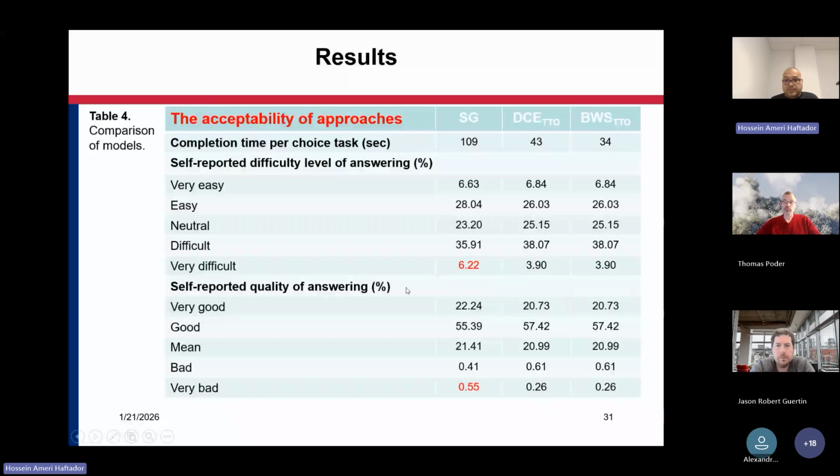Very difficult is 6%. For others it is 3%. Very bad: the standard gamble has this value 0.55% and 0.26% for other methods.